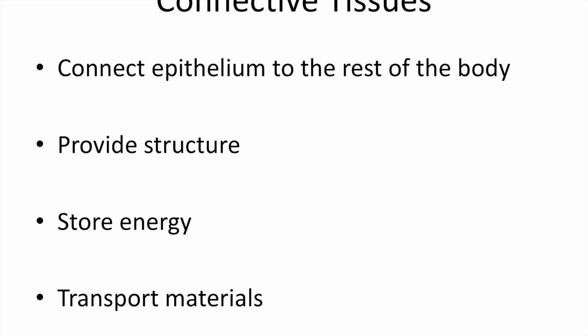This brings us to our next classification of tissues, our connective tissues. Connective tissues actually have a whole host of different functions throughout the body. They connect epithelium to the rest of the body, things like the basement membrane.